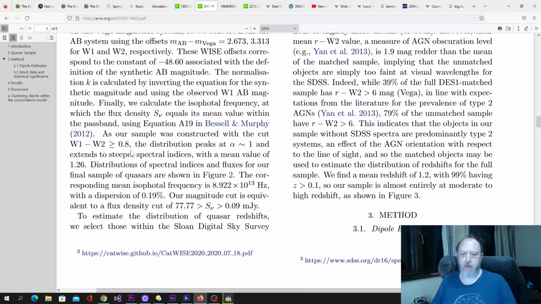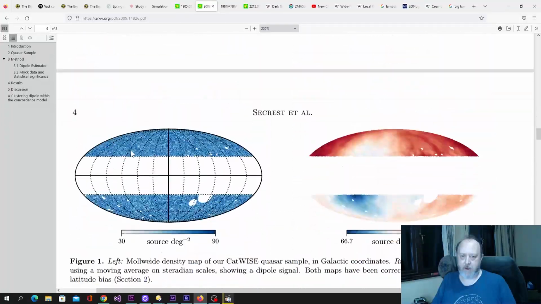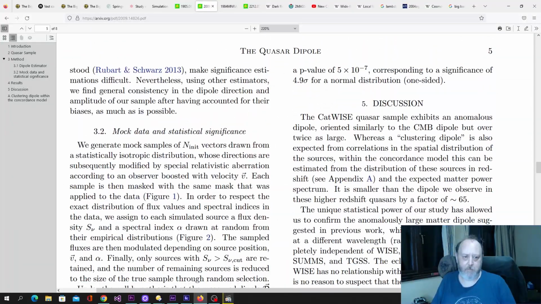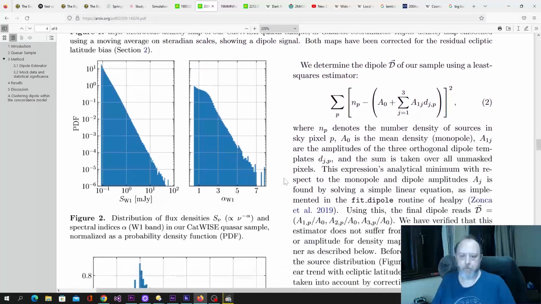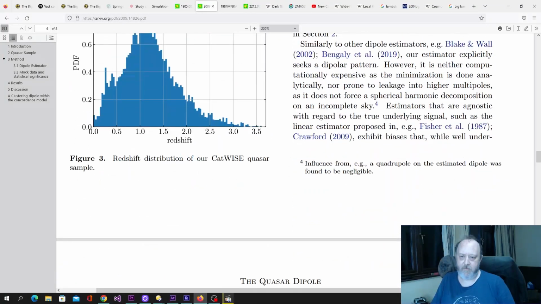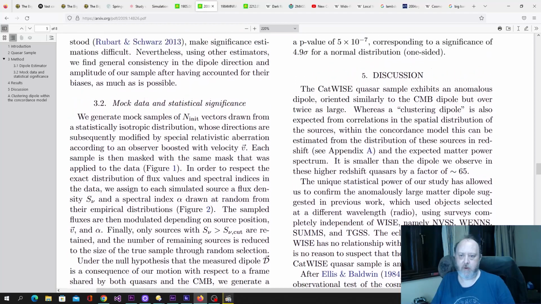So, I could go through this paper, but it talks about very specialized interpretation or analysis. So let's get to the discussion.